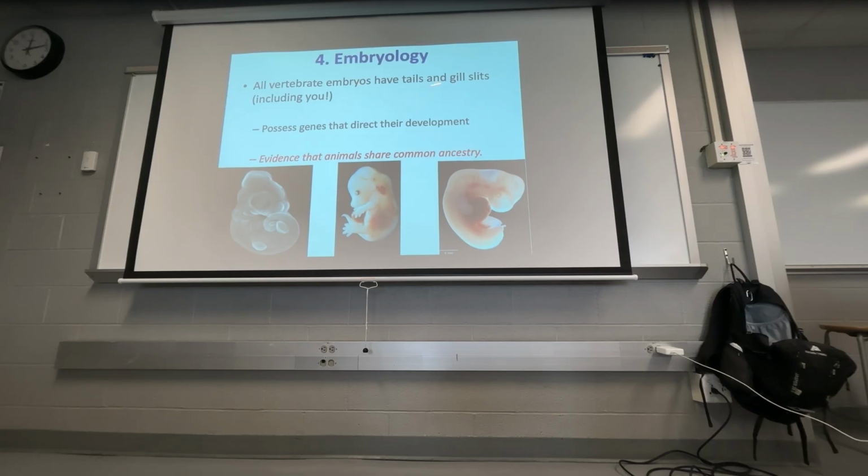So these gill arches, or these pharyngeal arches that become slits in fish, still develop in all terrestrial vertebrates. They just become other structures, right? That are more adaptive or advantageous in the terrestrial environment. That's because all vertebrates possess the same genes that direct development.